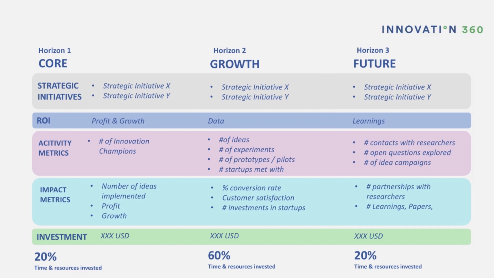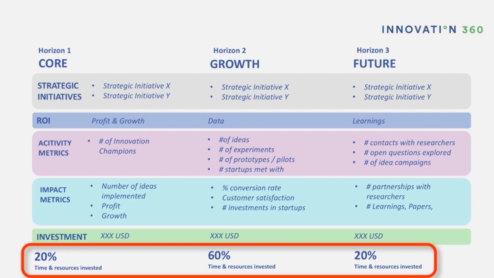Many times I got the question, how should I spend my resources in the first, second, and third horizon? There is no one single answer to that question, but let's do an experiment. Let's say that we invest everything we have in the first horizon. Then the company will end up in a declined market.